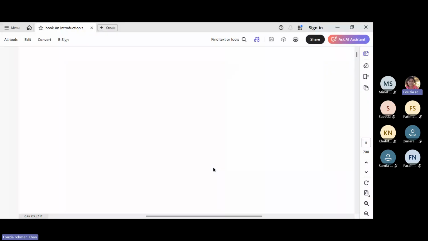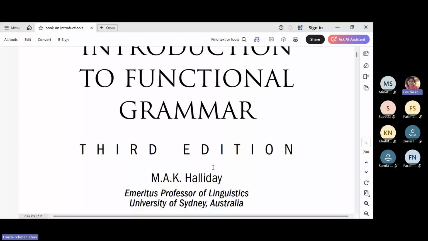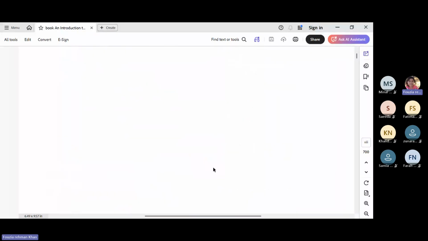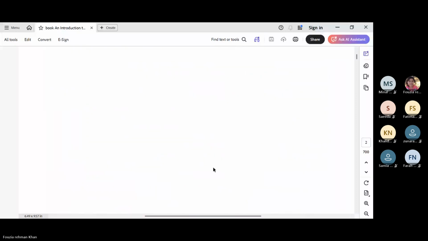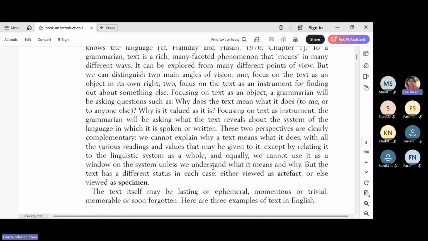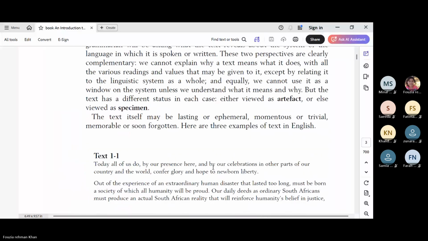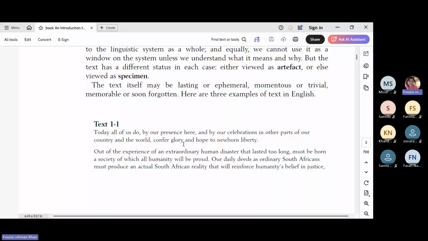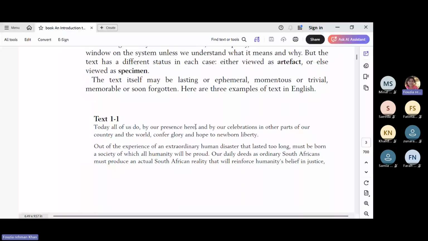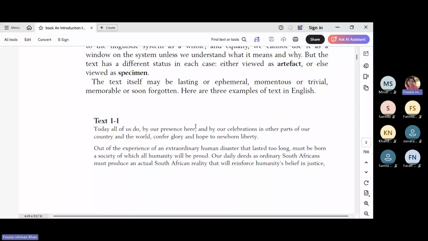Let me open it here so that we are quicker and do not waste time. I hope this text is visible to you. Yes, ma'am, it's visible. Who's reading the text here? 1.1. Who's reading the text for us? Guys.